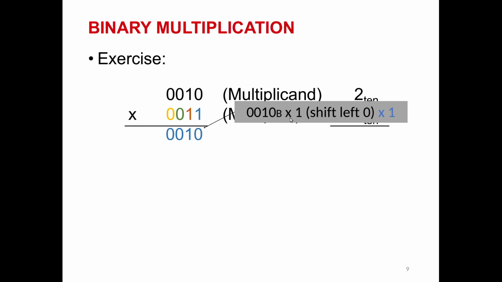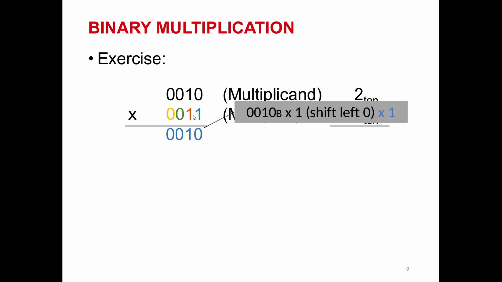So it is multiplied with 1, no shift left at all, and that is this value itself. So this value 1 multiplied with this, shifted for 0, and we have this value.